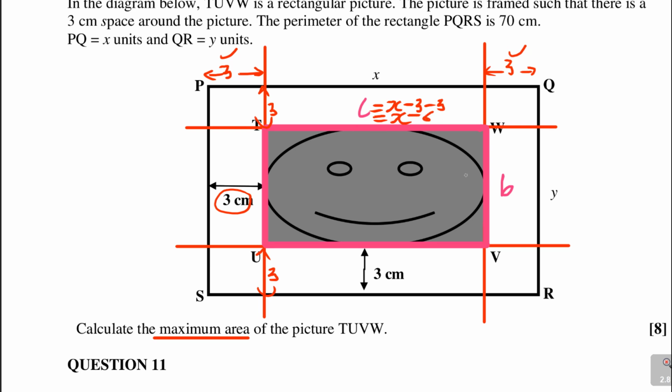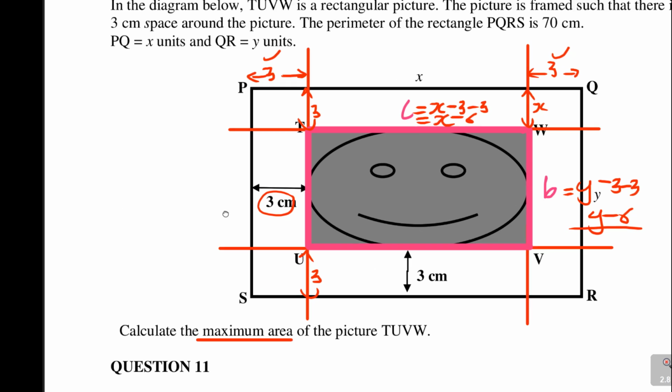That is the length. You do the same thing with the breadth. The breadth is y, because they told us this distance here was y, remember. So it is y minus 3 minus 3, same as y minus 6. Are you with me? So I can come here now. I know the length is x minus 6, the breadth is y minus 6.